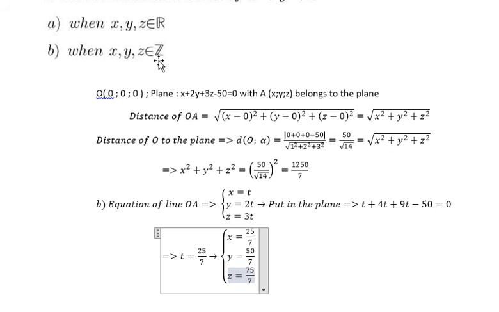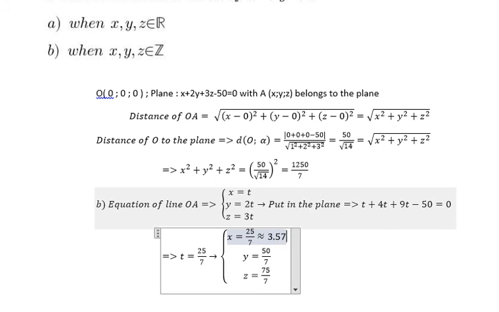In question B, they want to find the integers. So in this situation, we need to find the integers close to x, y, and z. Let's do it this way. We divide the numbers in here, and we get about 3.5 for this one, about 7.14 for this one, and about 10.7 for this one.